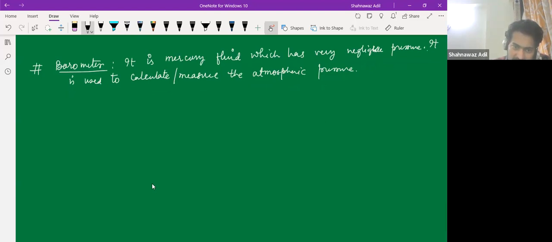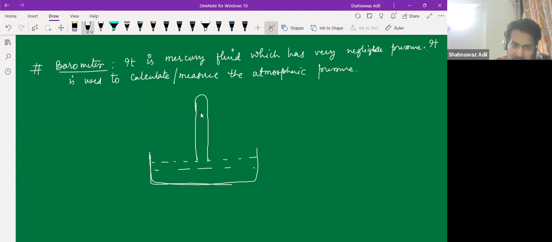So the device is made up like so: we have this mercury fluid, and this is a tube, a mercury tube, which is placed like this.